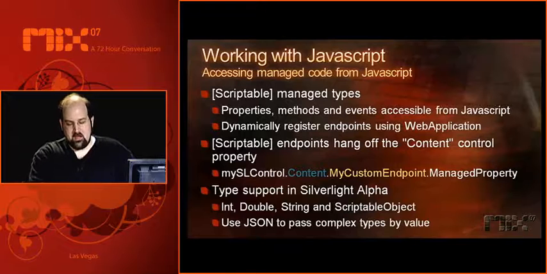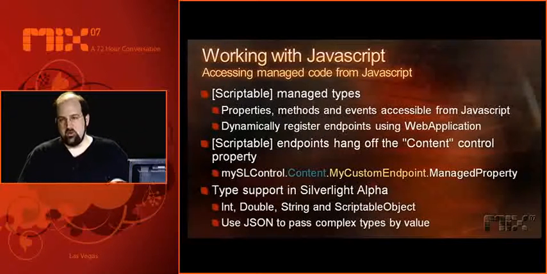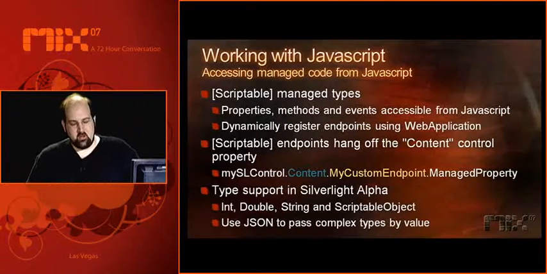And in this case, I've got it highlighted. It's called my custom endpoint. The point is it's a string that you can make up. You can use any old string. And then your developers in JavaScript just type in the control reference, .content, whatever it is you told us. And then underneath that are all of the properties and the methods and the events that you want exposed.